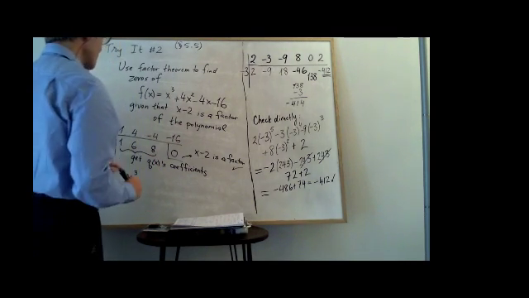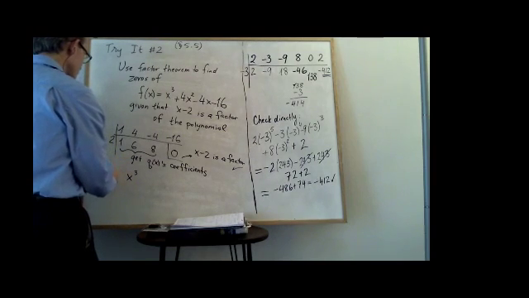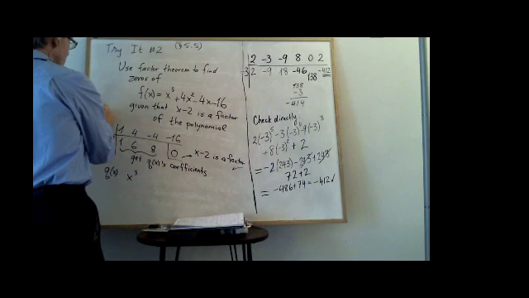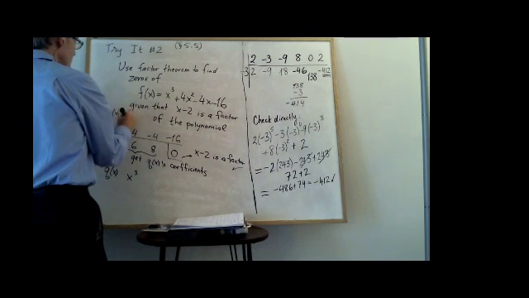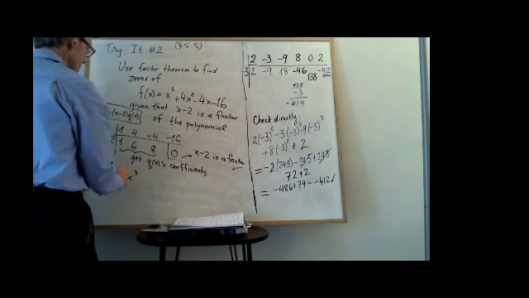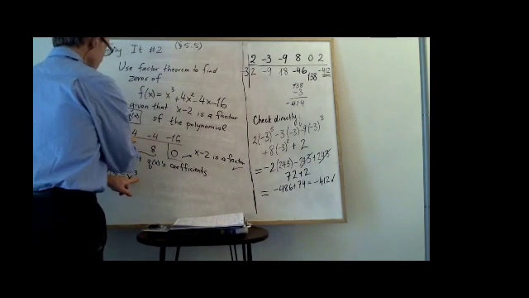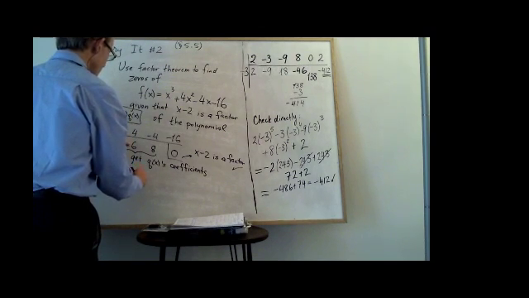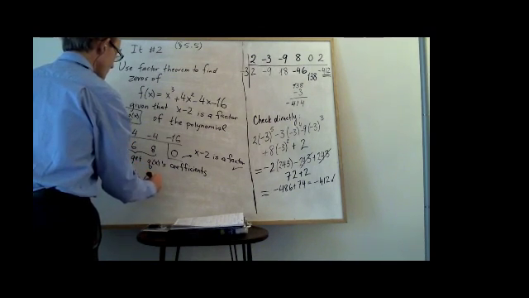okay, so what is the remaining factor? f of x is equal to x minus 2 times q of x, where q of x is equal to not x cubed, but 1 less. You go down here and it's always 1 less. So x squared plus 6x plus 8.